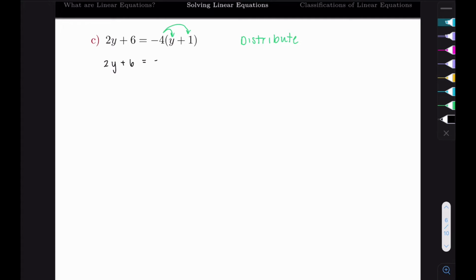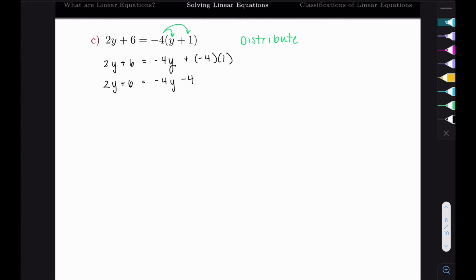Now on the right-hand side, we're going to get negative 4 times y, and then we get negative 4 times positive 1. So to simplify that, we get negative 4y minus 4. So you're more than welcome to just jump from this step down here, but if you need that extra step in between, you're just taking the negative 4 times both pieces.